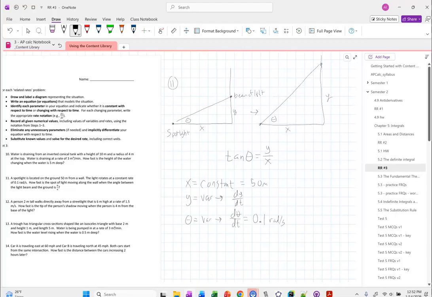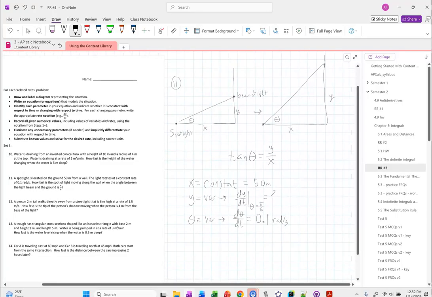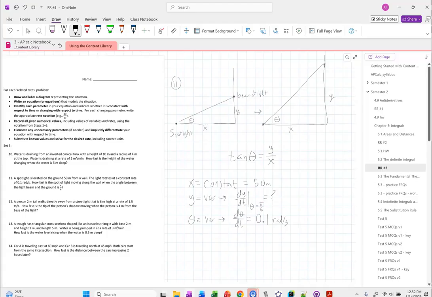And we're asked how fast is the spot of light moving along the wall. So that's my dy dt when the angle between the beam and the ground is pi over 6. So that's kind of what we're trying to do.